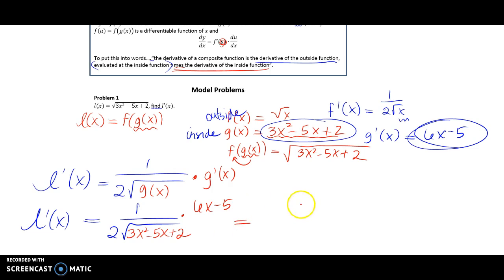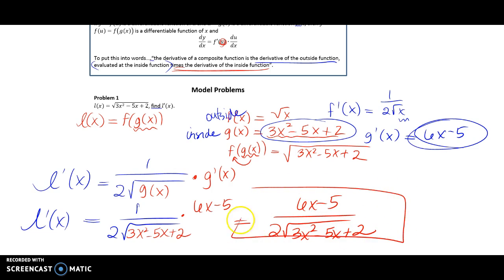Or if that bothers you, 6x minus 5 over 2 square roots of 3x squared minus 5x plus 2. There's your first derivative by way of the chain rule.